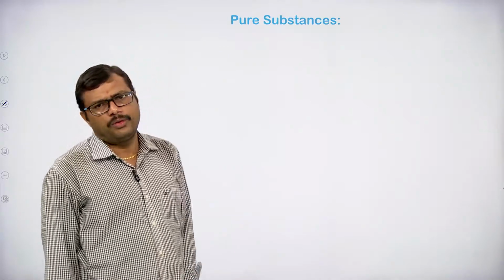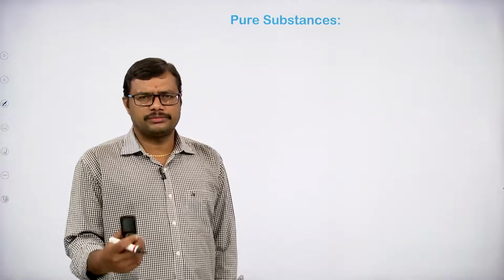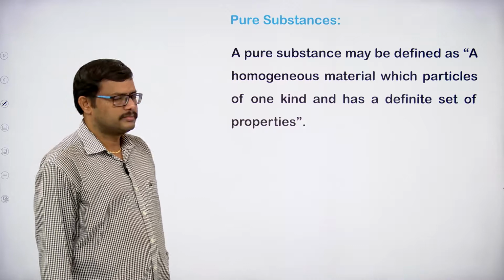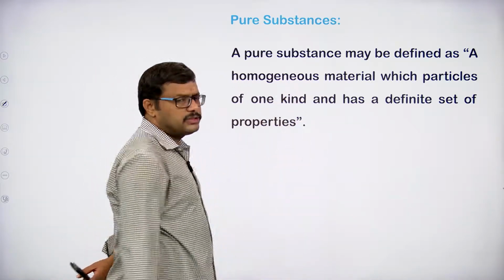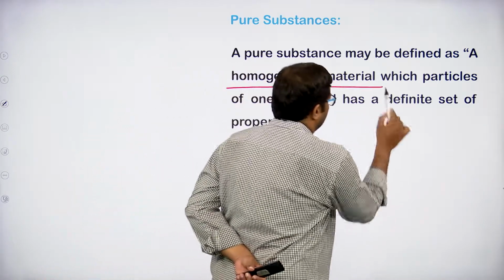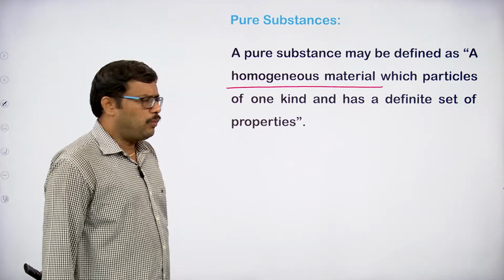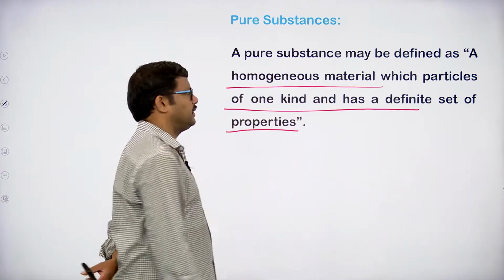How to define a pure substance? Which substance is taken as a pure substance? Can anybody explain? If you look at the definition, a pure substance may be defined as a homogeneous material which has particles of one kind and has a definite set of properties.